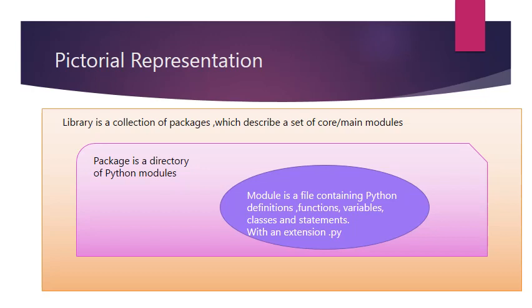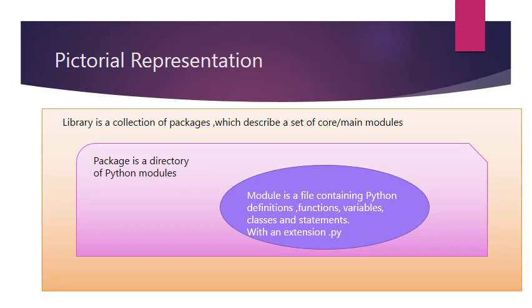Now, we are going to see a visual representation to understand different terms like library, package, module. The programs which we write are mainly considered as modules. A module contains Python definitions, functions, variables, classes, statements, etc. These modules are always created with the extension .py.